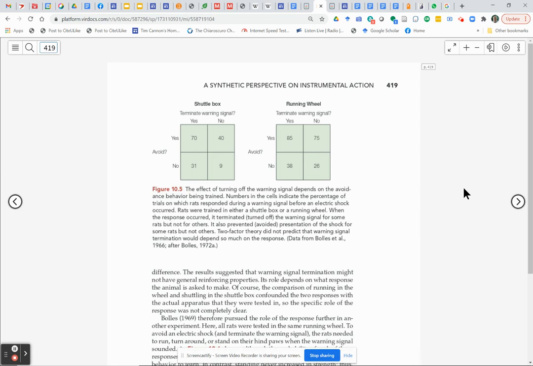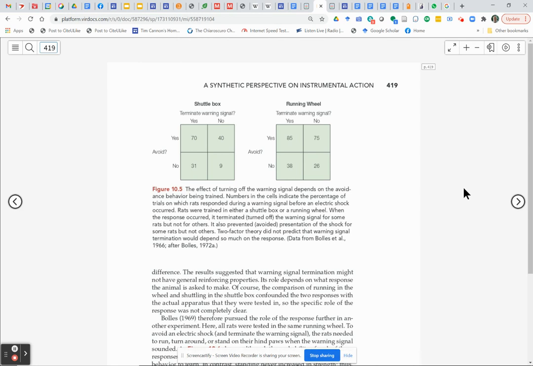It could be a light; it's a stimulus. The very, very strong winner is the upper left-hand quadrant, where shuttling does turn off the light, and the other ones are much weaker, particularly the bottom right.